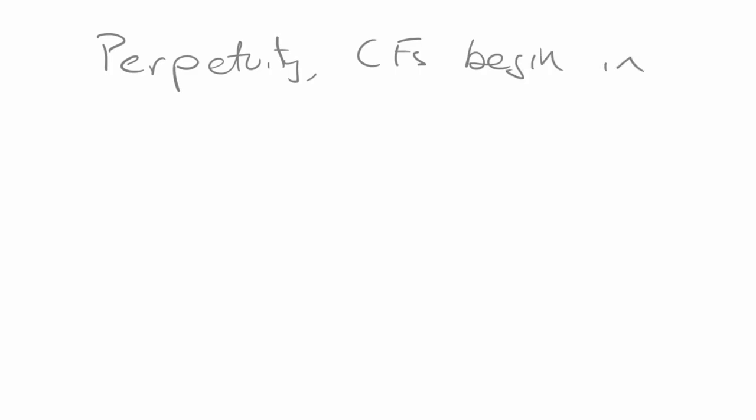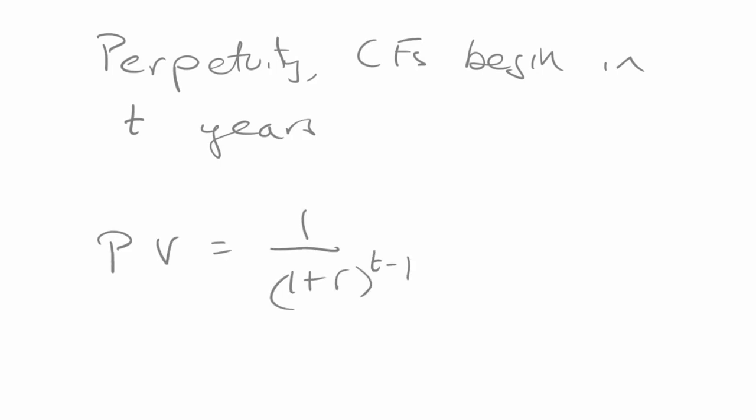In general, if we have a perpetuity whose cash flows begin in T years, the present value is 1 over 1 plus R to the T minus 1, times C over R. A little strange. All we have to do is remember, when we have an ordinary perpetuity, the cash flows are 1 year from now.